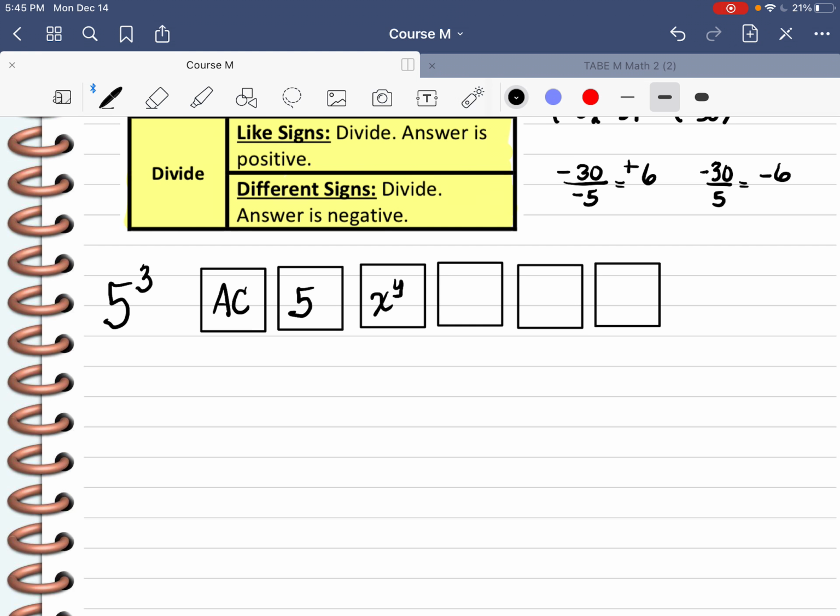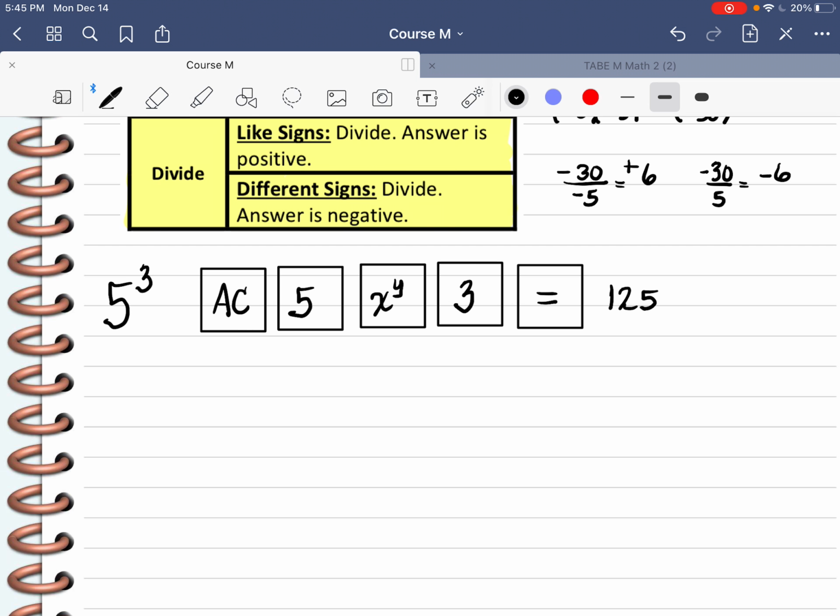The exponent key is above the clear. You put your exponent in and then press your equals key. And you should get 125 for this one.